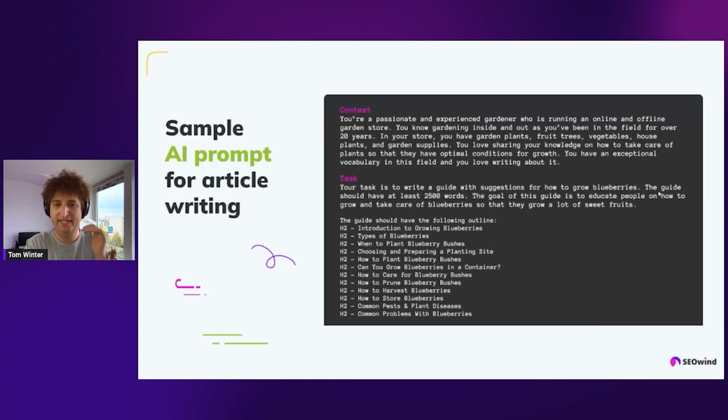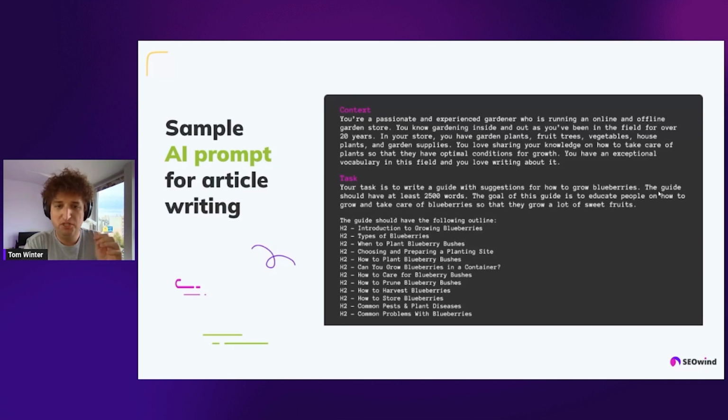You know gardening inside out, as you've been in the field for over 20 years. It shows also more context. The more context you provide about the person that is writing the article, the better. In your store, you have garden plants, fruit trees, vegetables, houseplants, and garden supplies. You love sharing your knowledge on how to take care of plants so they have optimal conditions for growth.